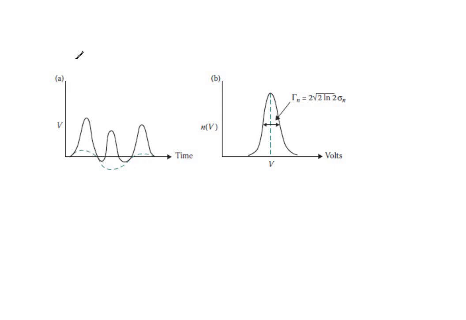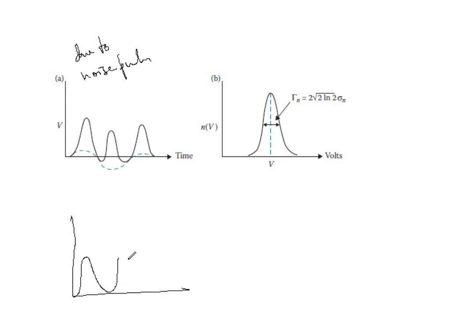Now this is due to noise pulse, right? Actually previously it was like this, without noise pulse. You see the difference? So the noise pulse has sort of modulated it, right? And this is the effect.